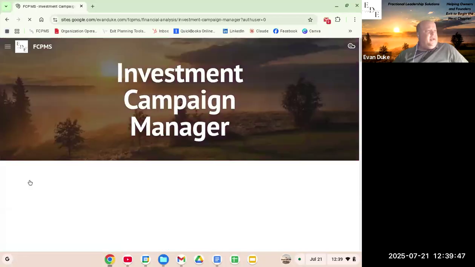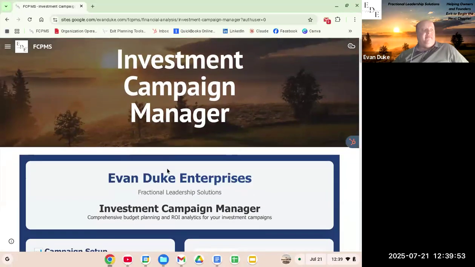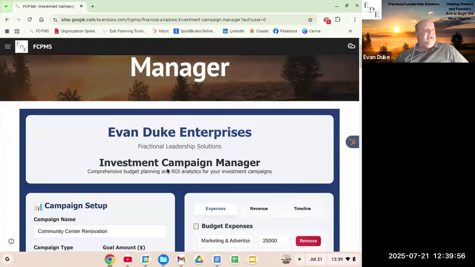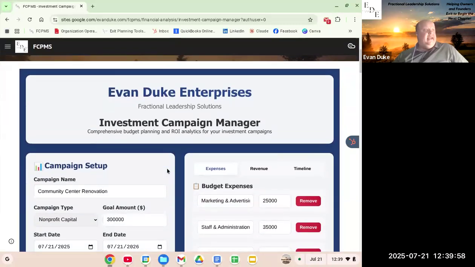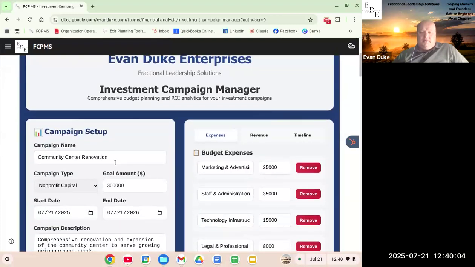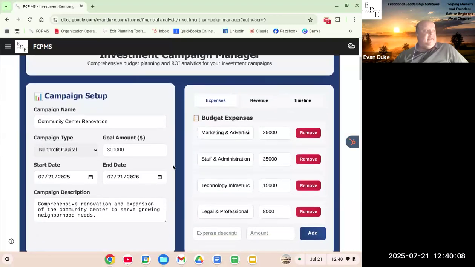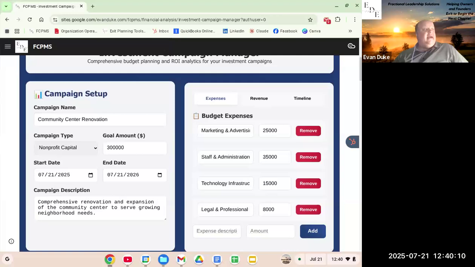One thing that I'm not going to necessarily say we're going to use, but should we decide capital investments are going to be necessary, we have this tool that is aimed at developing investment campaigns. Capital campaigns, obviously, are what nonprofits would use. But basically what we would be looking at is, okay, you have a campaign that's already been set in here.